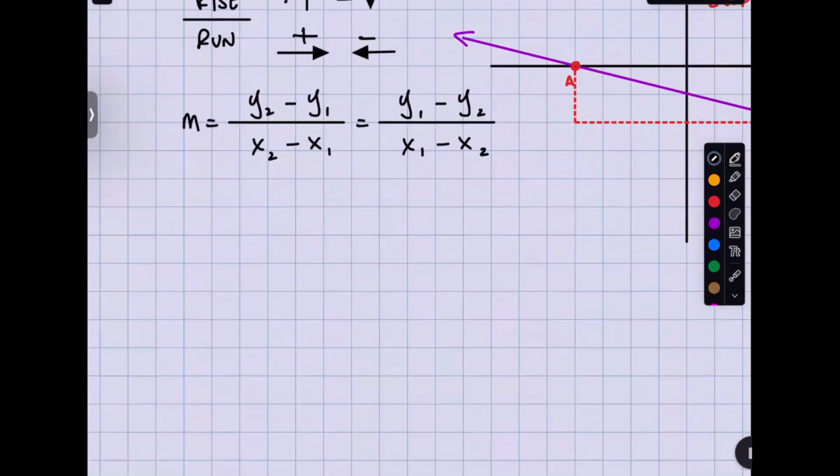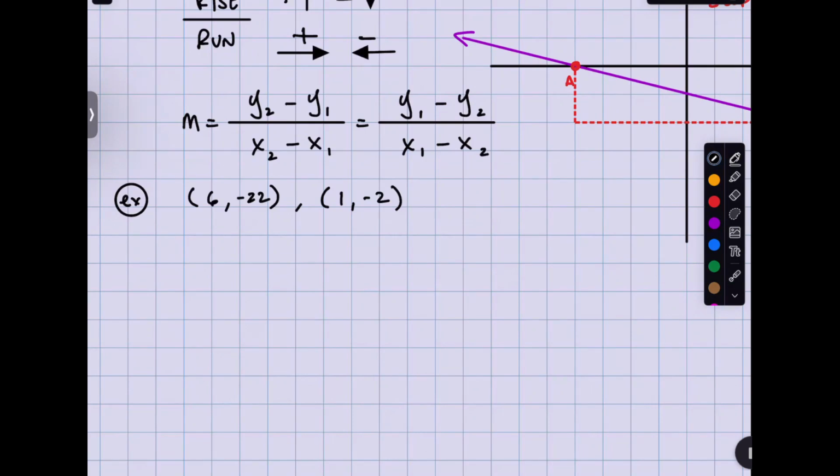So let's say, for example, that I'm given 2 points, and I've got to find the slope of a line through these 2 points.